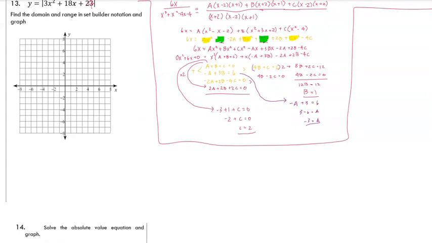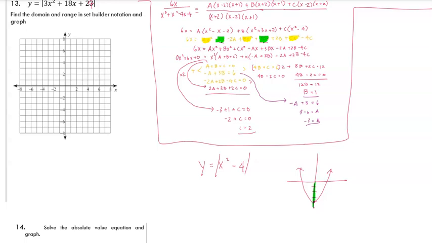So let's say I took y equals x squared and I moved it down 4. The parabola, I moved it down 4. So you know that it's going to look like 1, 2, 3, 4, down 4 like that, right? And then I took an absolute value of it. So that means all of this output right here that was negative is no longer going to exist.